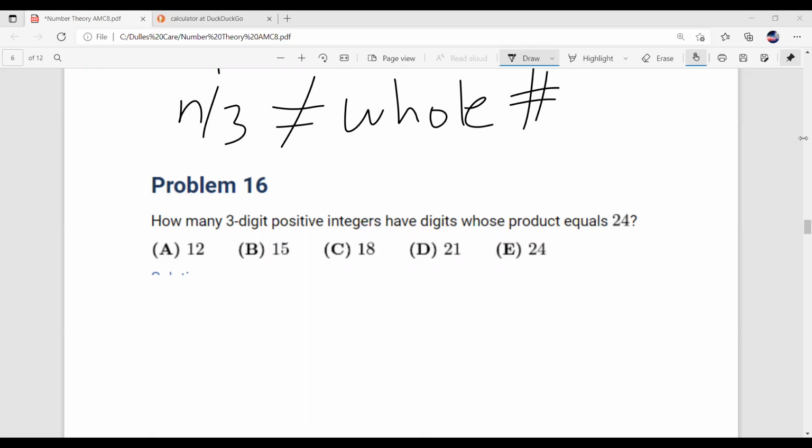All right, so I see a C, A, and D in chat. So let's see, who deserves our love? How many 3-digit positive integers have digits whose product equals 24? So 24 is equal to x times y times z, where x, y, and z are all less than 10 because they're 1-digit numbers, right?